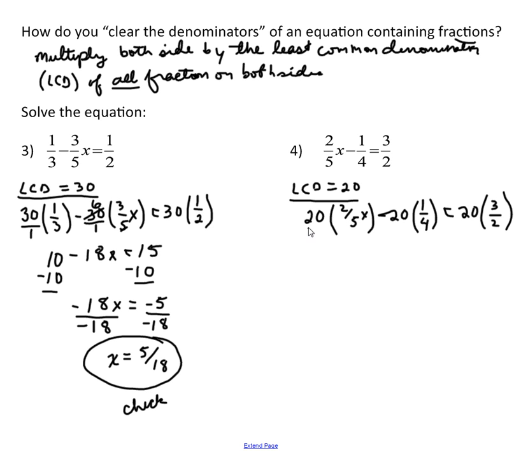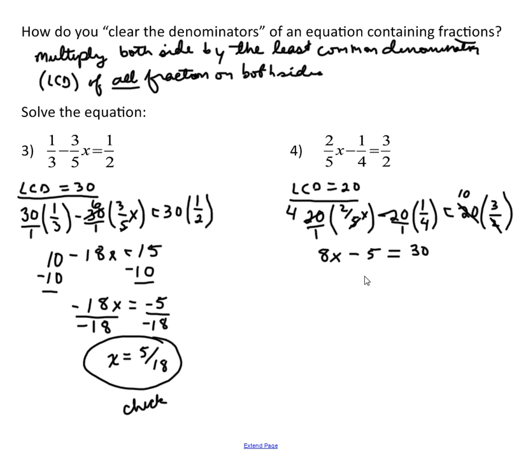Remember that 20 is the same as 20 over 1. 20 divided by 5 is 4. And of course, 4 times 2 is 8x. Minus 20 times 1/4. 20 is the same thing as 20 over 1. 20 divided by 4 is 5. Equals 20 times 3/2. 20 divided by 2 is 10. And 10 times 3 is 30.